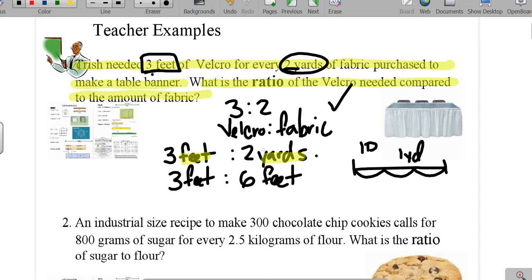So the actual Velcro to fabric ratio is going to be 1 to 2 because you got in the same unit and then you reduce. So you would express the ratio is 1 to 2 of Velcro to fabric.